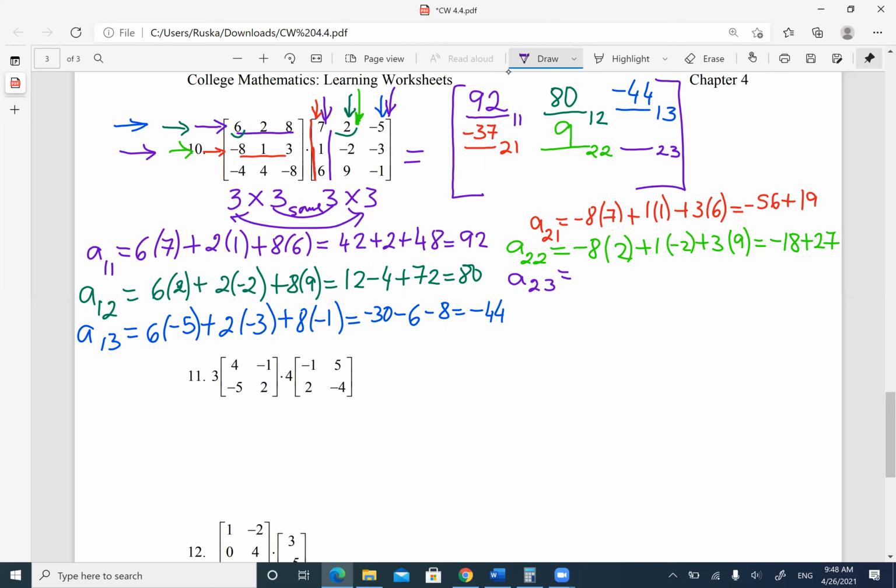So I'm going to do negative 8 times negative 5 plus 1 times negative 3 and 3 times negative 1. So that's going to give me positive 40. And those two are negative 3 and negative 3, which is negative 6. So 40 minus 6 is going to be 34. Yes?